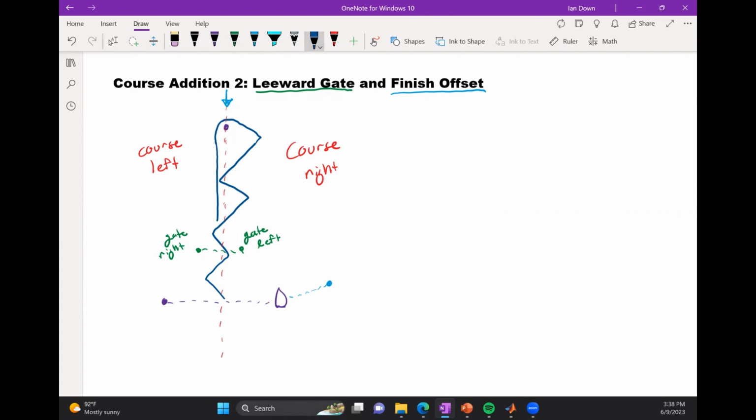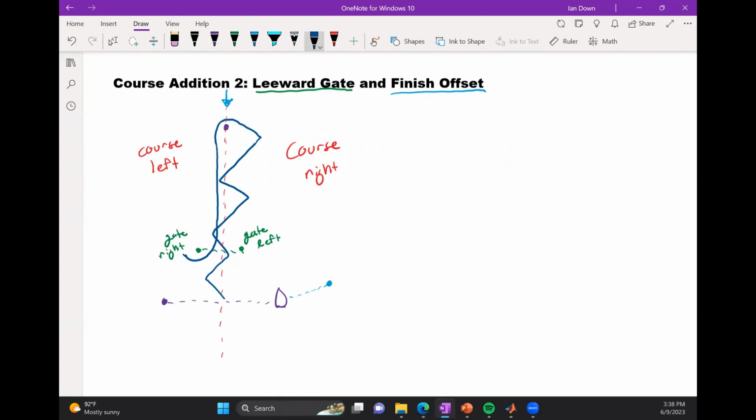So that gets a little confusing. Course left, course right versus gate right, gate left. We must round through the gate, and then we can either round gate right or we can round gate left. I'm going to choose to round gate right.